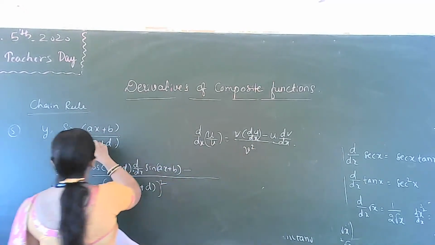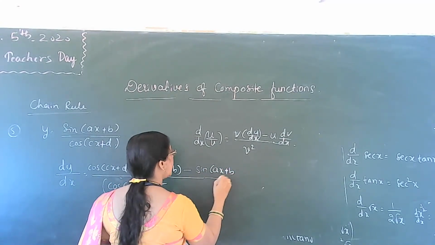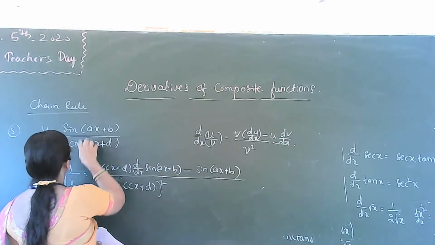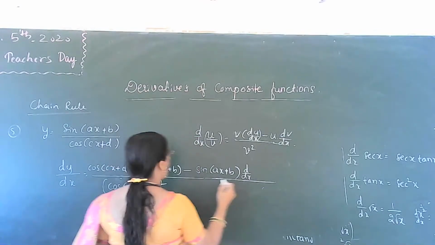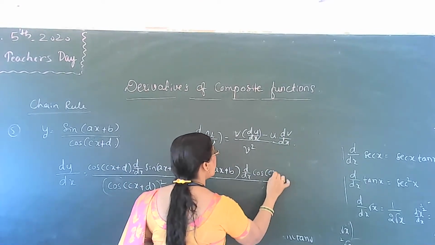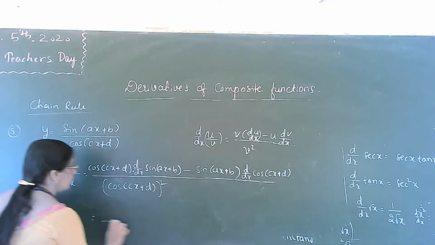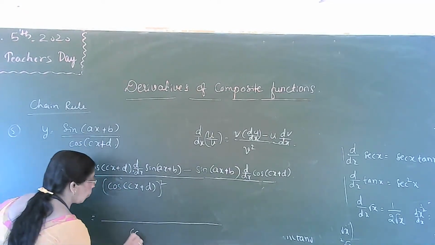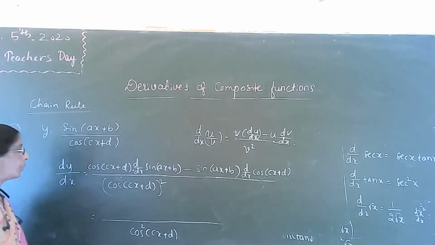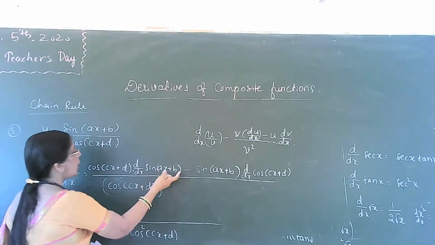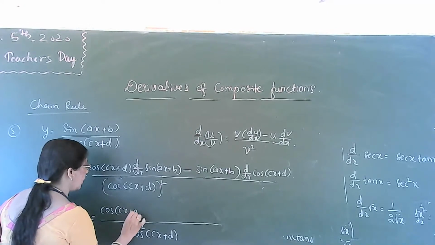Here u is sin of ax plus b, then the derivative d by dx of cos of cx plus d. Here the denominator is cos square of cx plus d. Okay, then find the derivative of sin of ax plus b. First, write the derivative of cos of cx plus d.